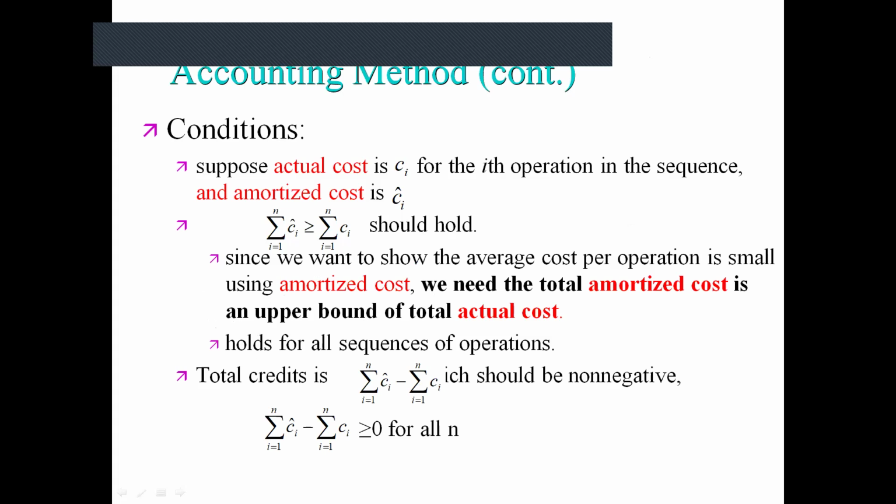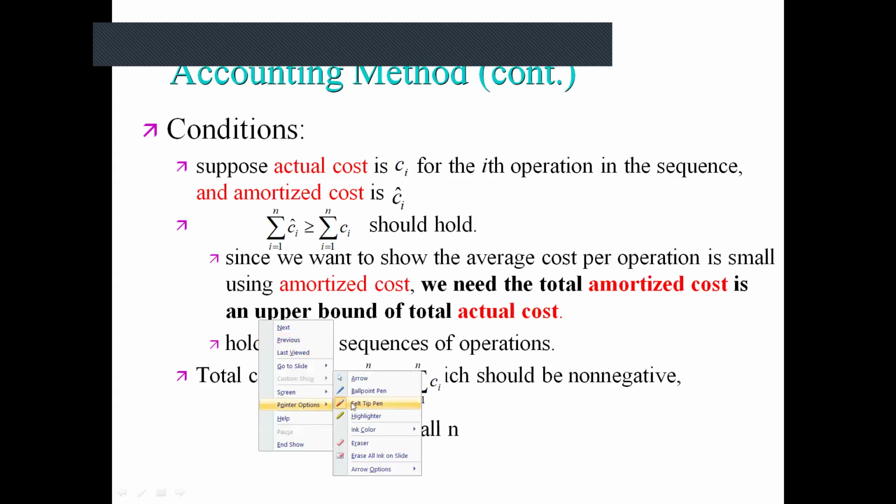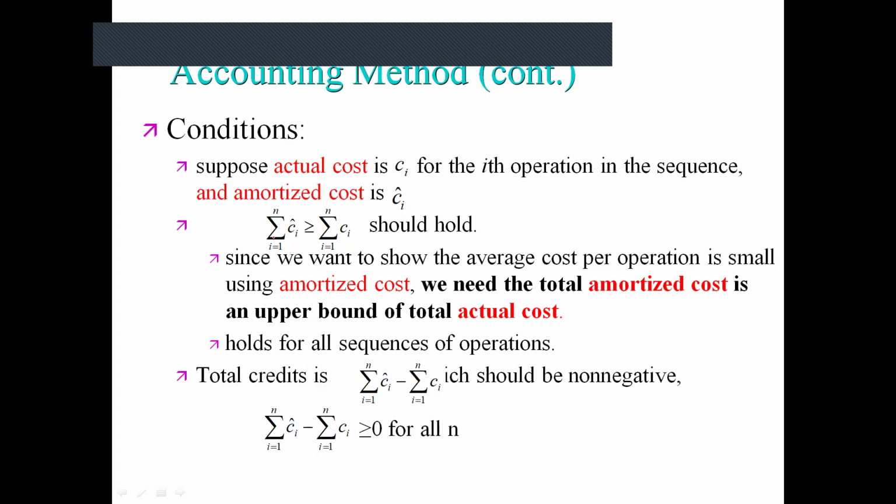From i equal to 1 to n, the summation of the amortized cost should be greater than or equal to the summation of the actual cost. This should hold.